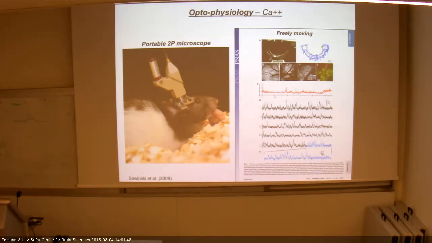If you do voltage sensitive dyes, you go much faster, but then you measure synaptic potential, not spikes. Calcium imaging, I think, is limited by the sensors themselves, which are rather slow. The GCaMP? Yes, those are just the genetically encoded sensors.